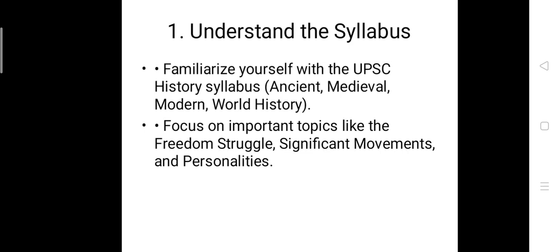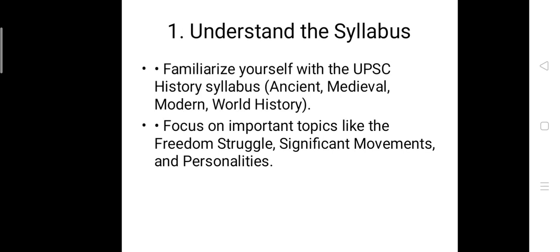In this continuation, first is to understand the syllabus and familiarize yourself with the UPSC history syllabus. It will be ancient, medieval, modern, and world history. You have to keep analyzing that. If you understand the syllabus, it gives an idea about the important topics that UPSC asks throughout the year.